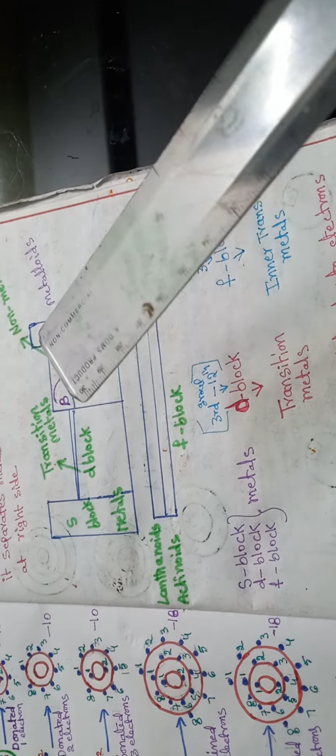Next one, D block elements, third group to 12th group. So one name is given, that is transition metals. And in the third group, 6th period and 7th period, lanthanoids and actinides are there in F block.